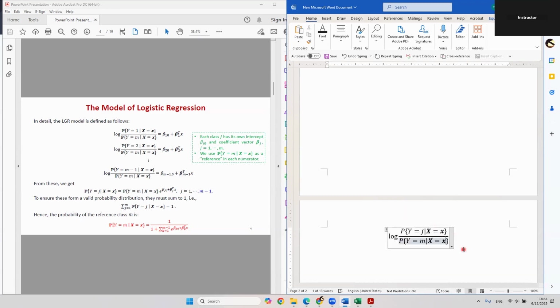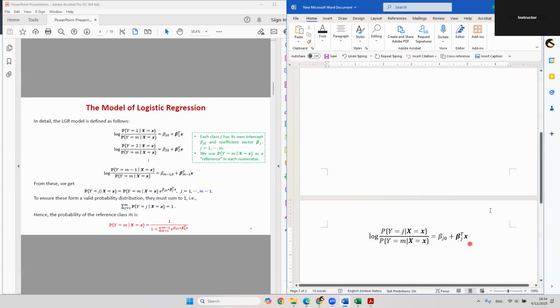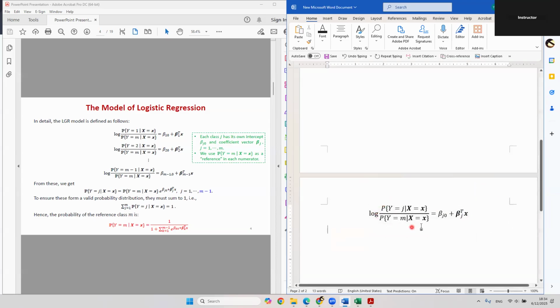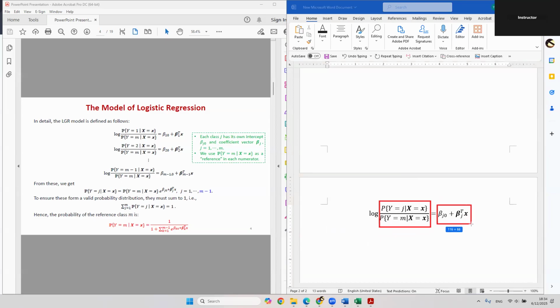This equals beta j0 plus beta j transpose x. I have this. So first of all, I take the exponential of both sides. After taking the exponential, the right-hand side is going to be e to the power of this, right?